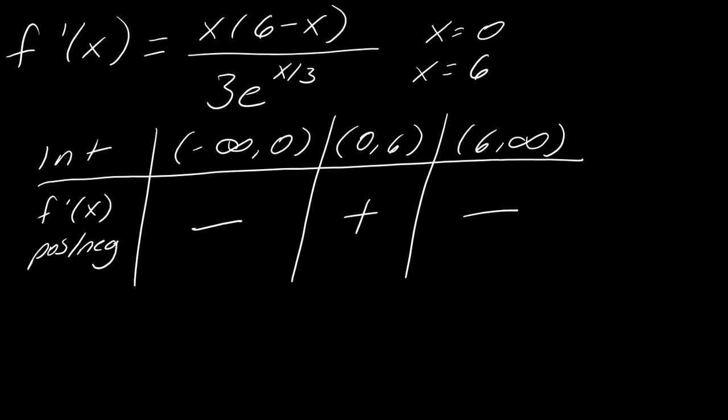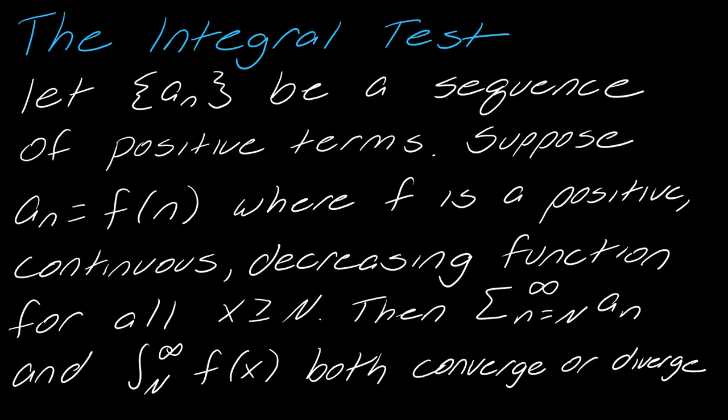Okay, so I did this for a general function x, just to remind you of Calc 1, but let's remind ourselves what we were doing. So the integral test. Remember, this is a sequence, so we have to have positive terms, and we just need to know where this function is continuous and decreasing. And we have to know that for all x over some integer n.